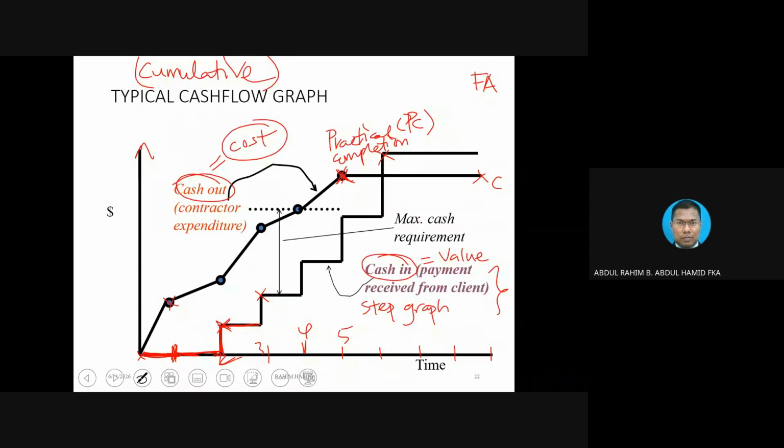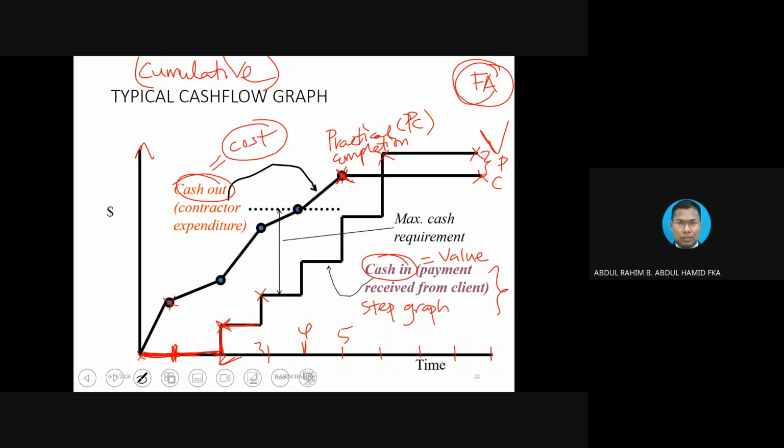And at the end of the project here, the final account, you notice there is a point here. This is what we call value. And if we really close the account according to the accounting system, the difference between V here and C here, this is what we call P. That's why in our project cash flow calculation, if you have done the calculation right, the final account will be like this.